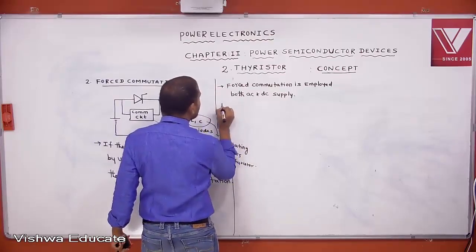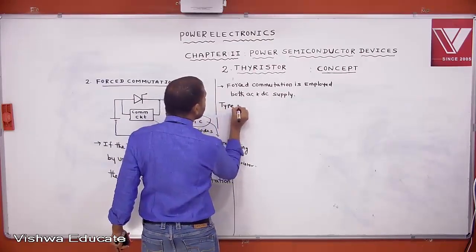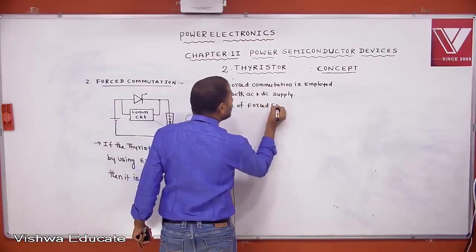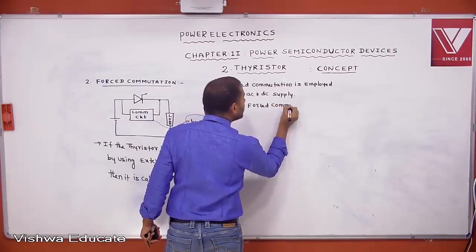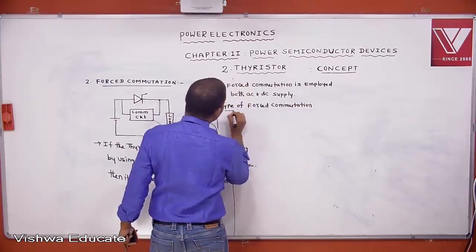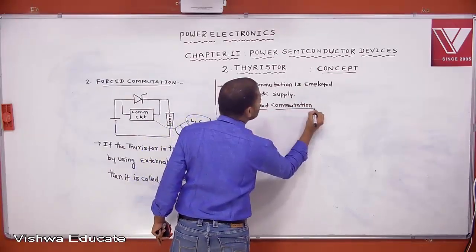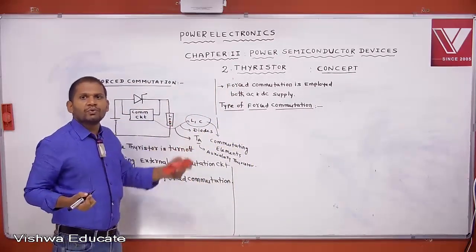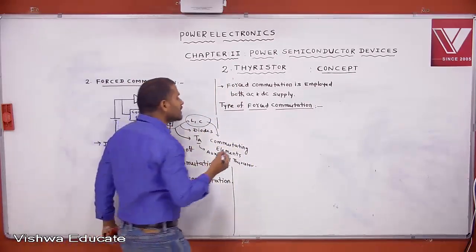Then types of forced commutation. Here I am not explaining in detail, just the alternative names and applications, as I told already. In detail I will explain in the Chopper concept. Based on the type of circuit we are using, the forced commutation methods are classified.